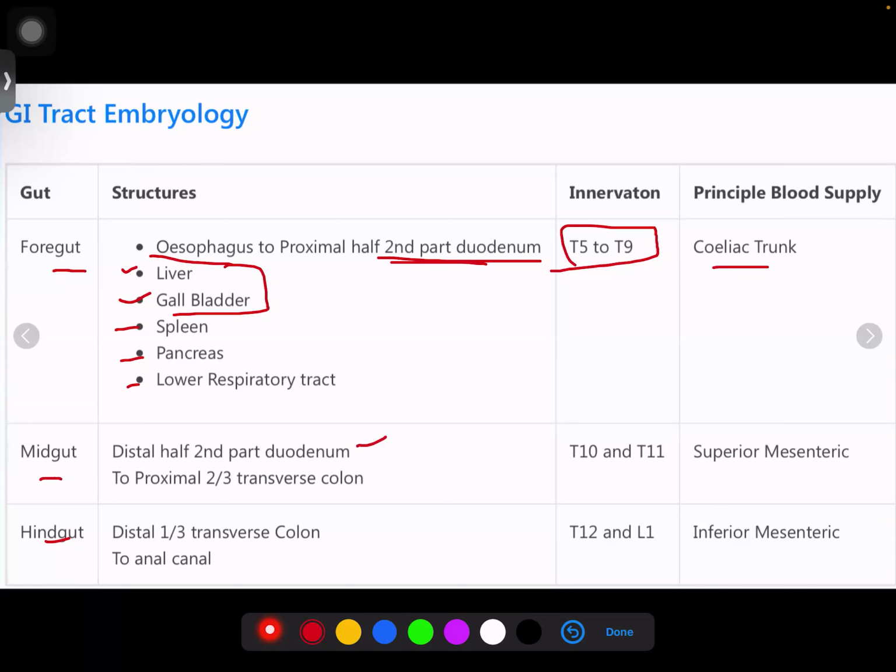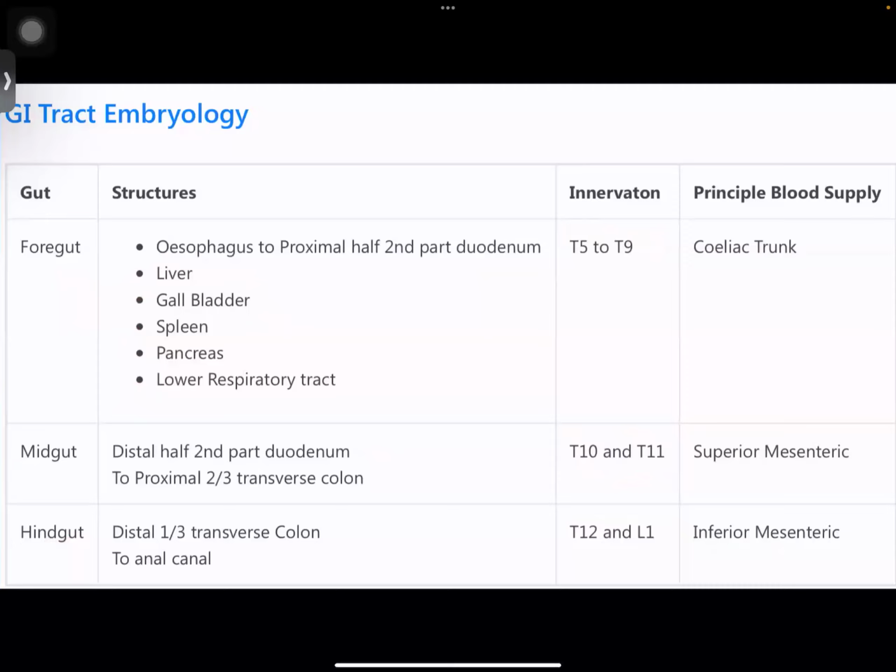Midgut starts from duodenum to the colon, और इसकी नर्व सप्लाई T10 और 11 है, T5 to T9, T10, 11, and then T12, L1. Okay, so superior mesenteric and inferior mesenteric artery. तो ये थोड़े नर्व रूट्स मोटे मोटे हैं, दैट इज लिंक टू एम्ब्रियोलॉजी। सो जब भी वो पूछेंगे सिग्मोइड कोलन का क्या नर्व रूट है, या मिडगट में से कोई पूछ लेते हैं कि सीकम का क्या है, तो T10, T11। ओके, so just easy way to remember T5 to T9, T10, 11, 12 and L1.